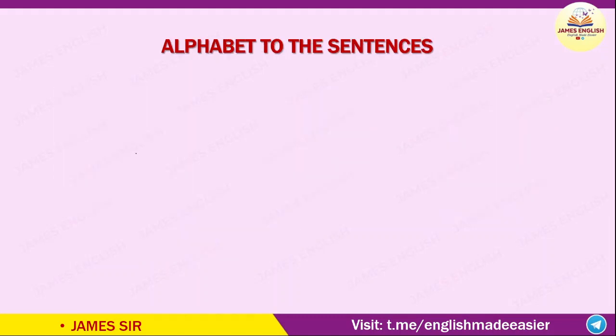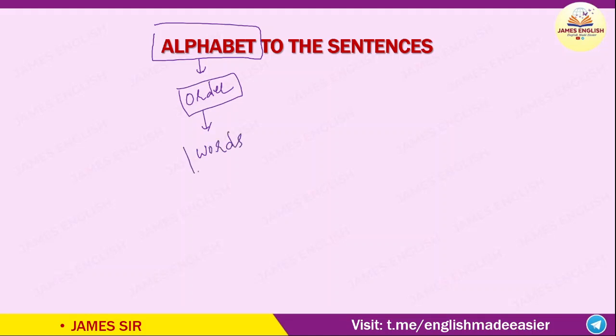Now, just look at alphabet. As I already said, alphabet refers to a group of letters or symbols arranged in a specific order. When you keep these alphabets in a particular order, what do we get? We get words.